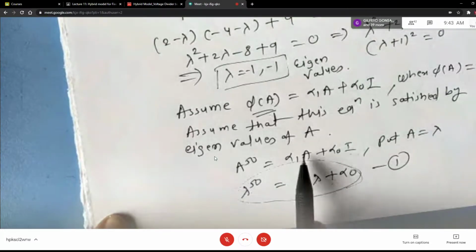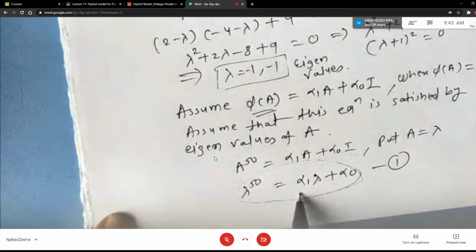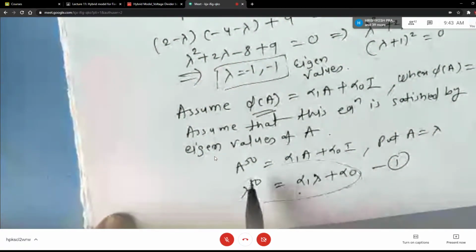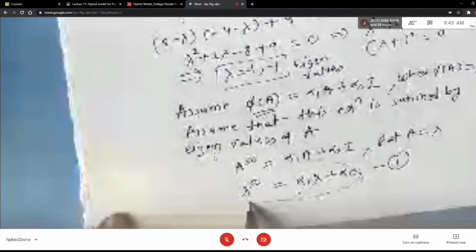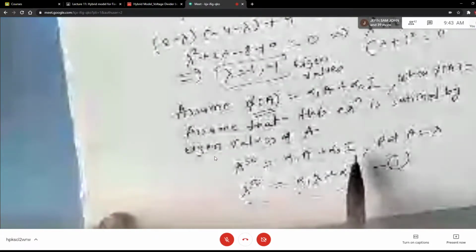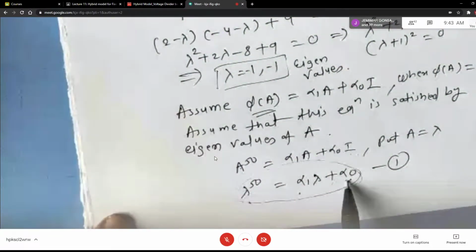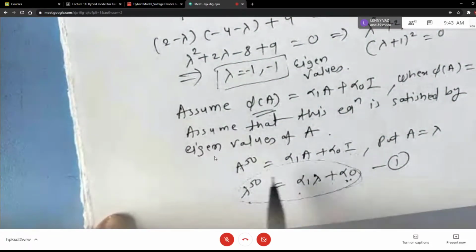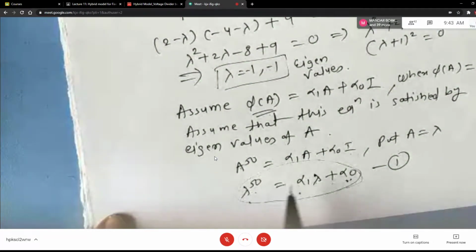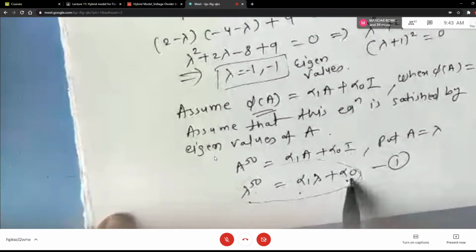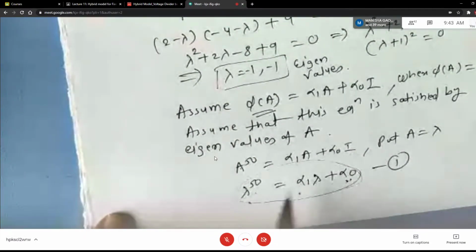But now, when you are converting a matrix equation to an algebraic equation, I am replacing matrix A by some scalar lambda. Scalar means a constant, right? Arbitrary constant. So, I am avoiding multiplying the last constant by I. Otherwise, it will go under matrix term. As I said, all terms should be either scalars or all terms should be matrices. So that's why alpha naught I becomes alpha naught. Is that clear, students? Why am I writing alpha naught here in place of alpha naught I?